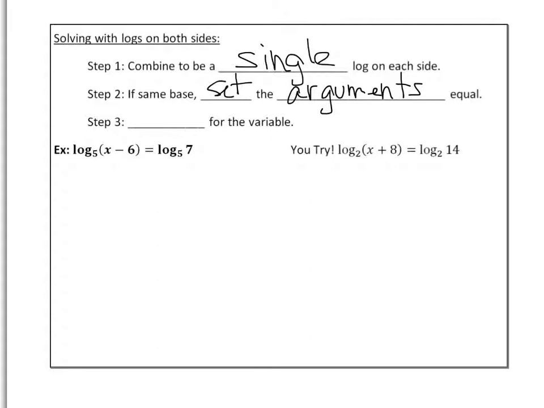Now the argument is, for example, if you have log base 5, and we'll just go with that, x minus 6. This is considered the argument, the piece of the log. So as long as you have the same logs on both sides, you just simply have to set each of their arguments equal and then solve for the variable.